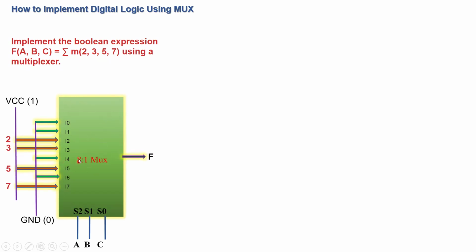So here is a schematic of an 8 is to 1 multiplexer. You have 8 input data lines starting from I0 to I7. You have 3 select lines, S2, S1, S0, S0 being LSB, S2 being MSB. One single output line, that is the function f.